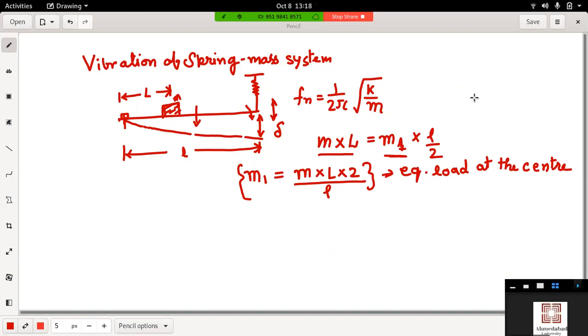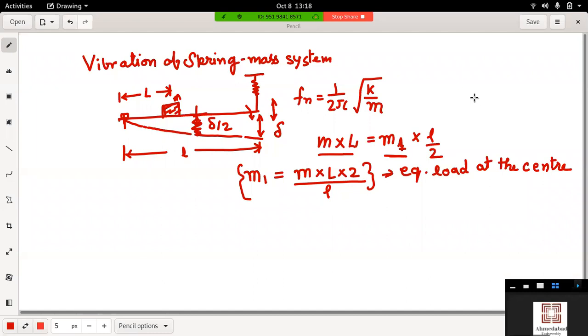Now let's say that this load has been replaced by a spring at the center. Okay. Because the end deflection is delta, at the center the total deflection will be delta by 2.